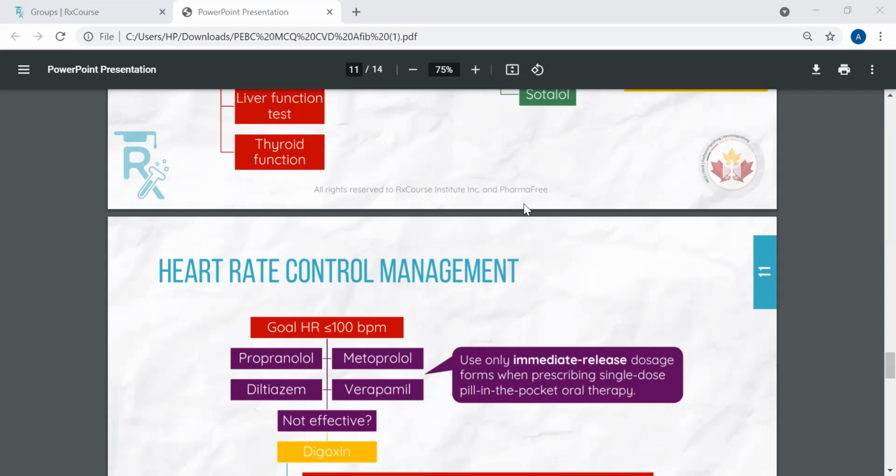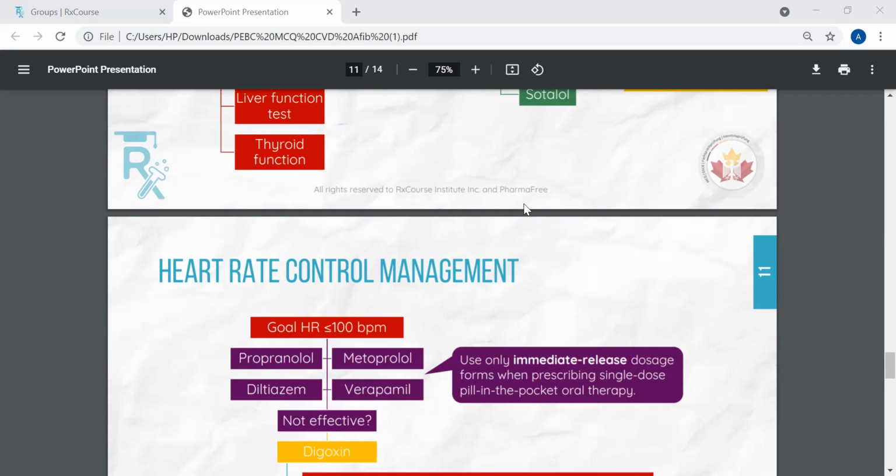If the patient has multiple recurrence, if the patient is highly symptomatic, if the patient has extreme impairment in quality of life, at that point I will consider rhythm control. But generally, I need to control the rate. So the cornerstone is controlling the rate.